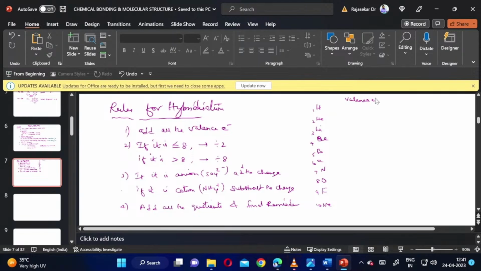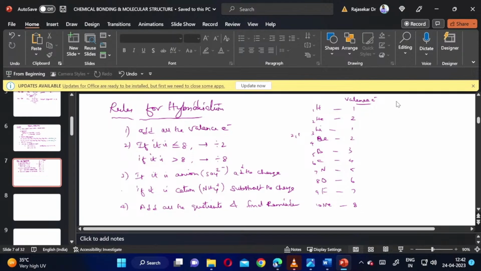Very important, not only for this lesson but for all lessons. 1, 2, then 3 has to split as 2, 1. Valence means the electrons present in the last shell. Again 1, 2, 3, 4, 5, 6, 7, 8.